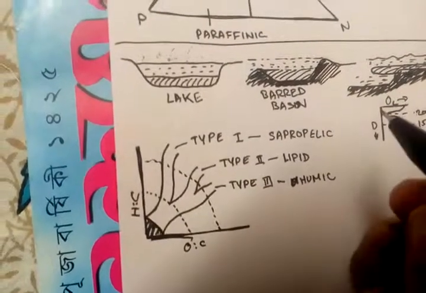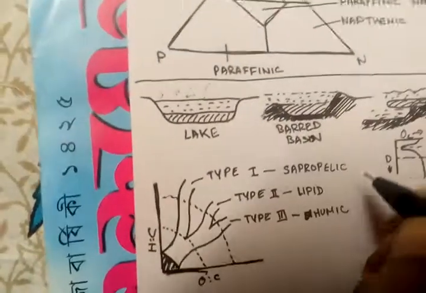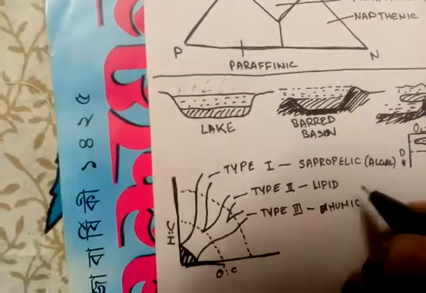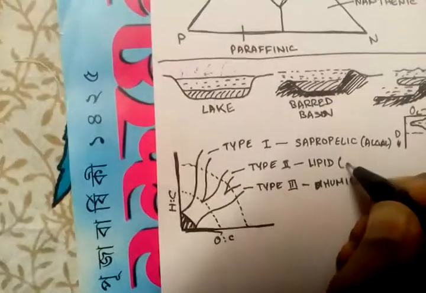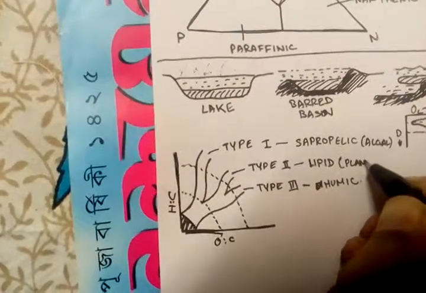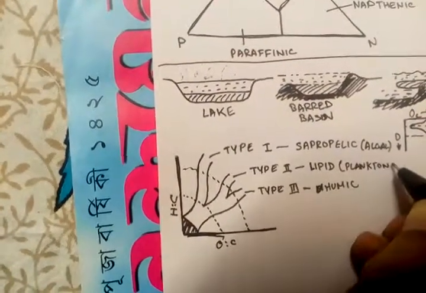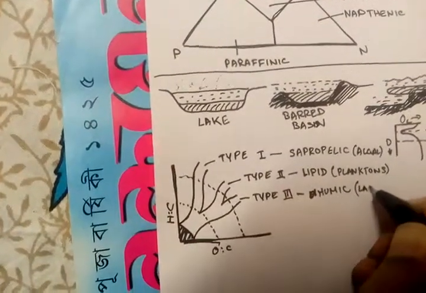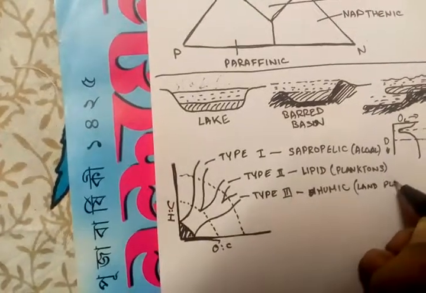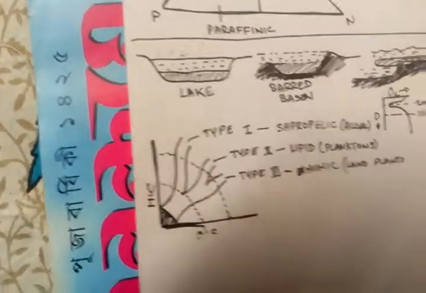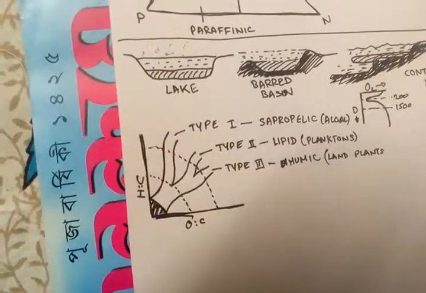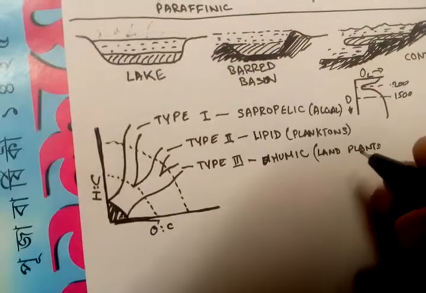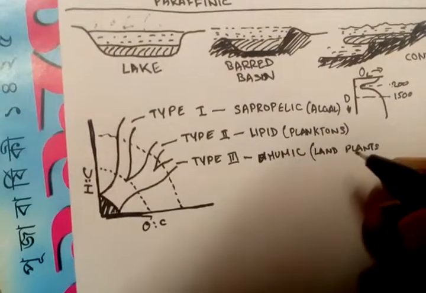So sapropelic kerogens are of algal origin. Lipid rich are from planktons. Humic is from land plants.